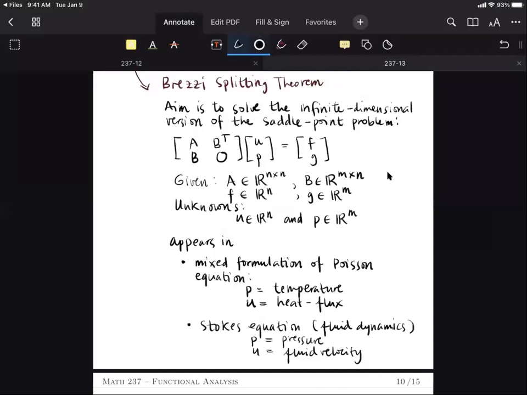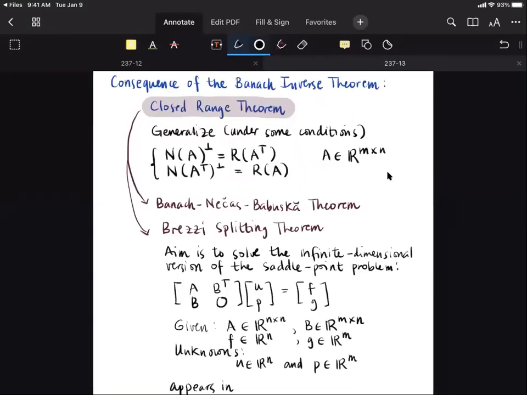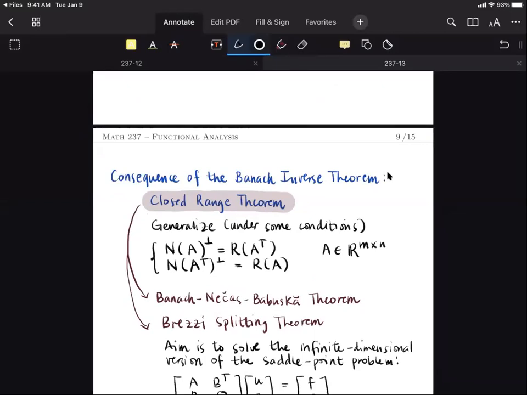Because we have limited time, we do not discuss in detail these applications, but for those who are interested in looking at the proof of how the Banach inverse theorem implies this closed range theorem, and later the Brezis splitting theorem, I will include that in the lecture notes.